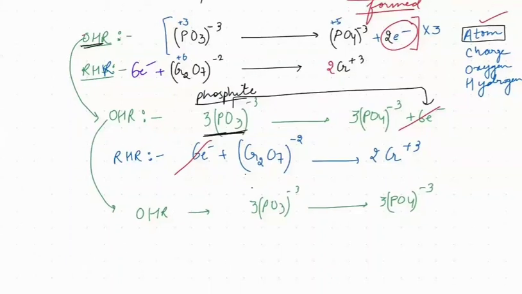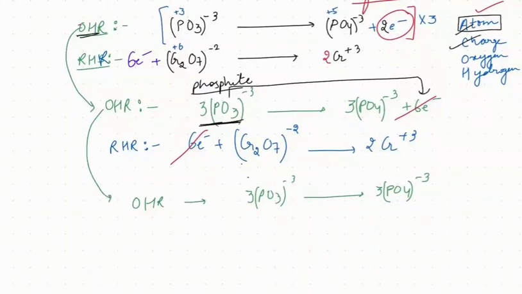On the reactant side, 3 times 3, we have 9 oxygen atoms. And here we have 3 times 4, that is 12 oxygen atoms. So I have 3 oxygens short here.